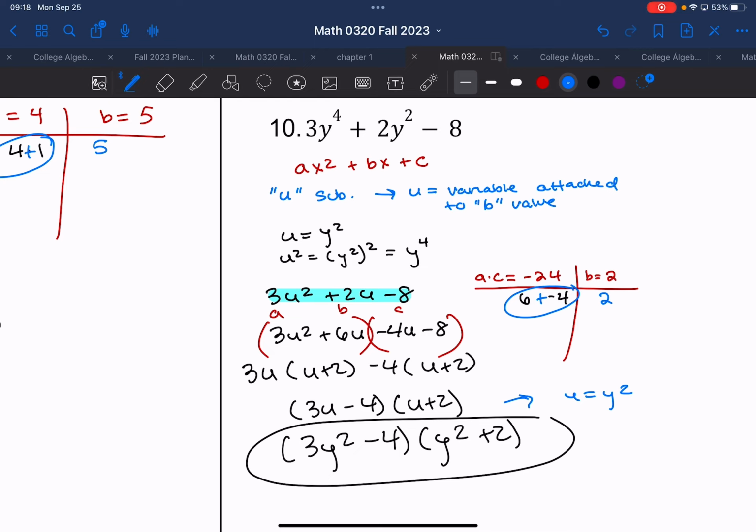Okay? So you know right away that you have to use u substitution if you have a variable to the 4th and a variable squared and nothing here. That's how you know you're using u substitution every time. You have a variable that's raised to the 4th power, a variable squared, and nothing here at the end.